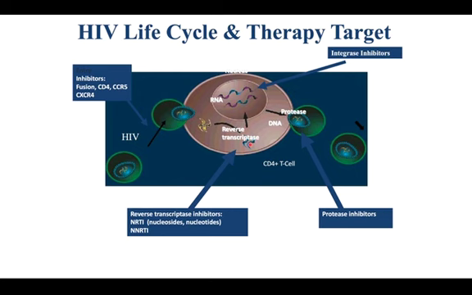Once the DNA is formed, it will be transported into the nucleus where the viral genome DNA would be integrated into the host DNA, which is our DNA. The process of insertion is called integration, and it is facilitated by an enzyme called integrase. So what is integrase? It is an enzyme that facilitates the insertion of the viral DNA into the host DNA, which is our DNA, right?